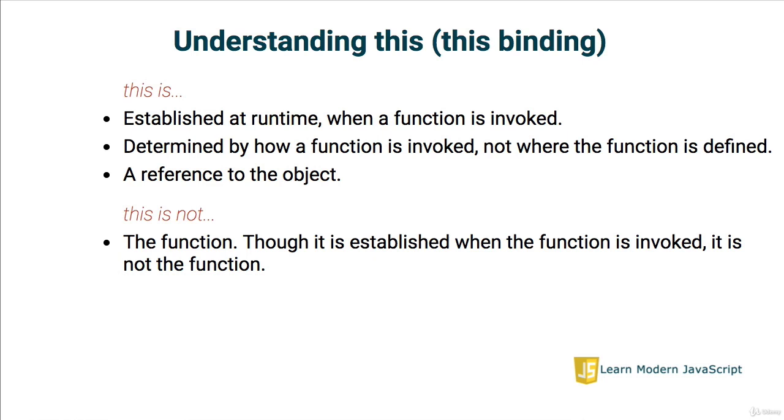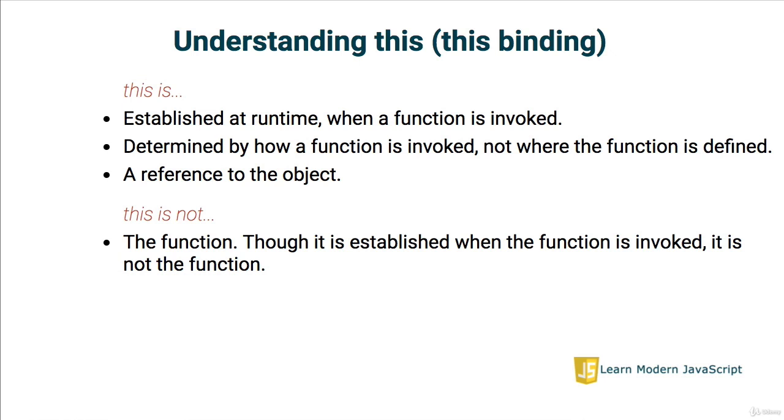This is established at runtime when a function is invoked. This is determined by how a function is invoked, not where the function is defined. So it really doesn't matter where in the code you've placed the function. That doesn't determine what the value of this becomes. How that function is invoked will determine that.